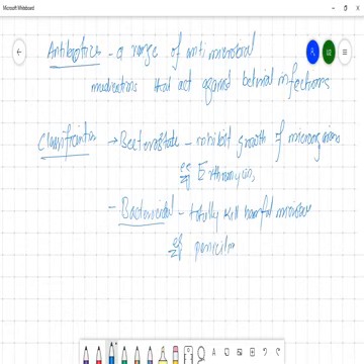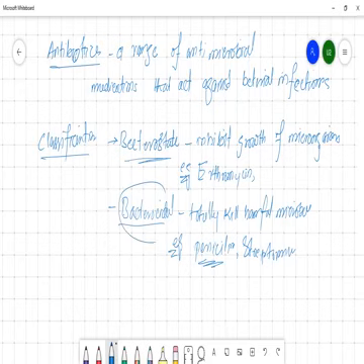And let me tell you, penicillin was one of the original and the precursor of the antibiotics. Similarly, we can also talk about streptomycin, ampicillin, and so many other examples. So this class inhibits the growth of the bacteria or microorganism, while this one completely kills harmful microbes like penicillin.